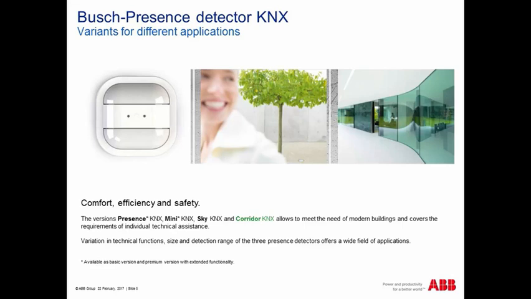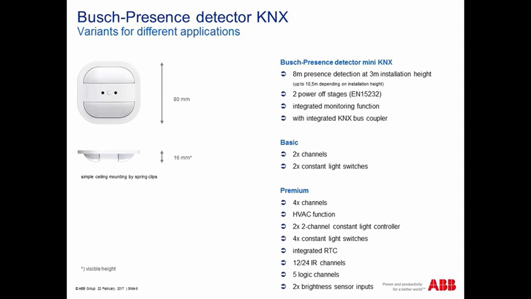Let's have a closer look at the single presence detectors. Here, the first presence detector is the presence detector mini KNX. We have this presence detector in a basic and a premium version. Here you can see the presence detector has a very flat design. We are talking here about 60 millimeter visible height from the ceiling.